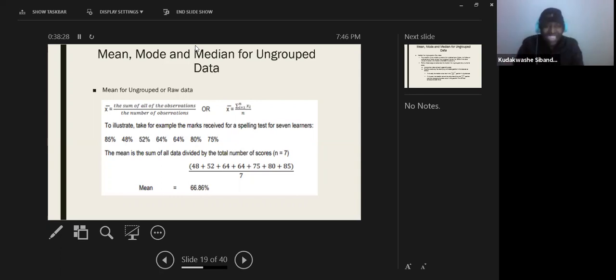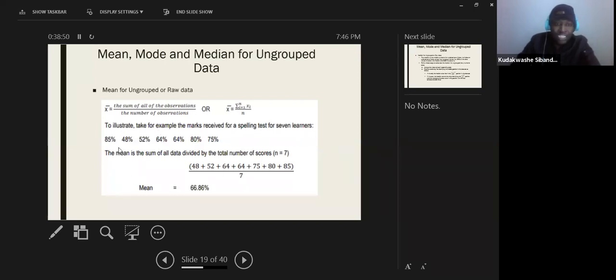All right, so now let's start with how to calculate the mean for ungrouped or raw data, the data that is given as individual data points. You can see here an example of marks received for a spelling test for 7 learners.